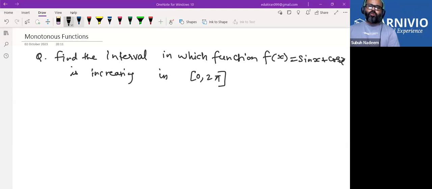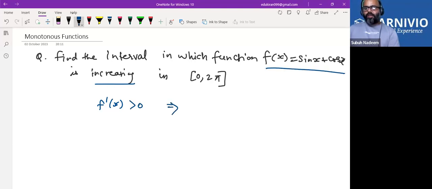So what we used to do, we used to differentiate it, and for increasing, it should be greater than 0, right? Now, if you differentiate this, what you will get, can you tell me? What is the derivative of sin x?